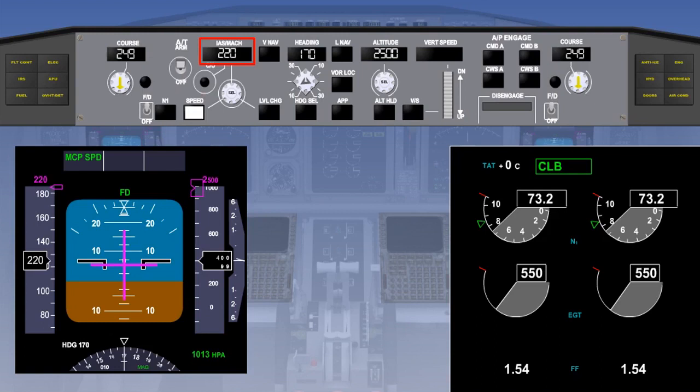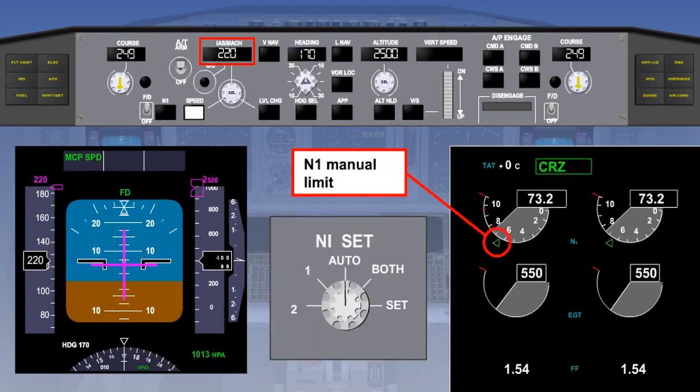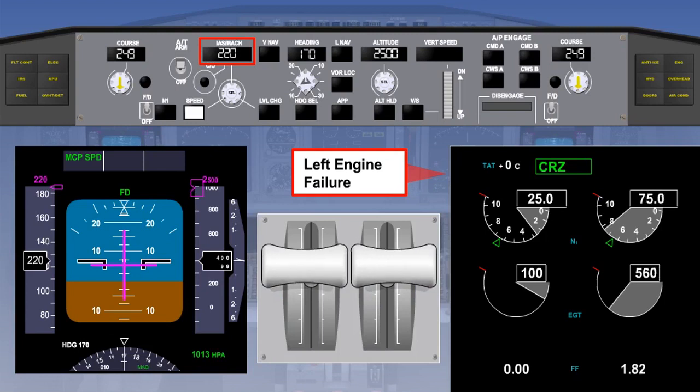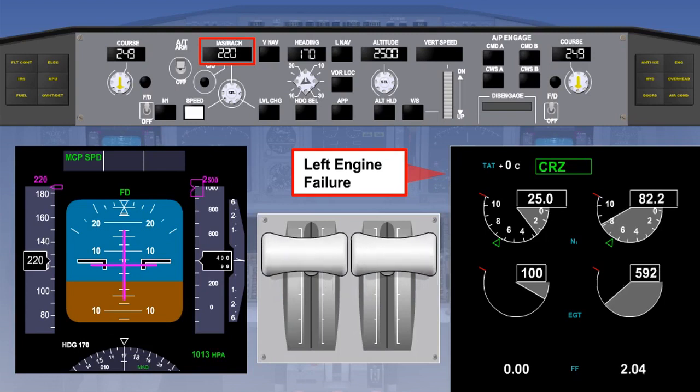The speed, or Mach, shown in the Mode Control Panel IAS Mach display is the target speed. The autothrottle will not set power above the displayed N1 limit. However, the autothrottle can exceed an N1 value that has been manually set by the N1 manual set knob. If an engine fails while the autothrottle is in a speed mode, both thrust levers advance together to maintain the target speed.